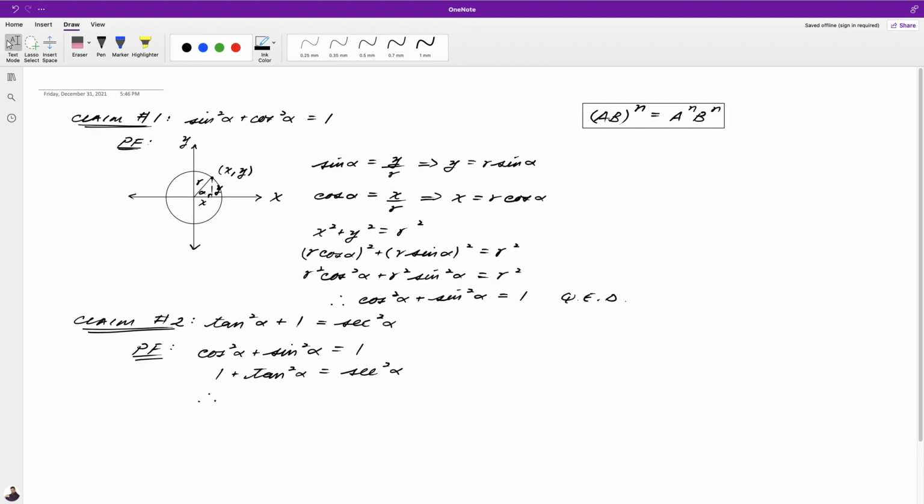So we're done. We'll just use the commutative property to write this as tangent squared alpha plus 1 is equal to secant squared alpha. Well, that was pretty simple.